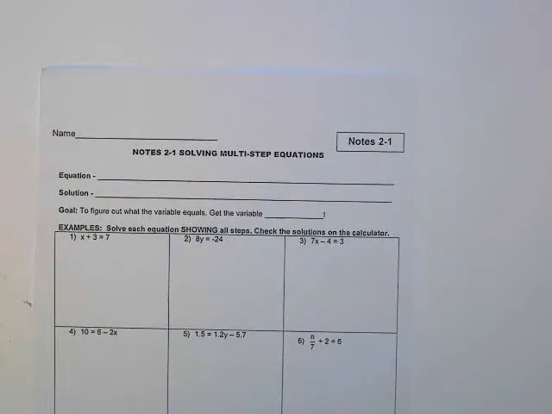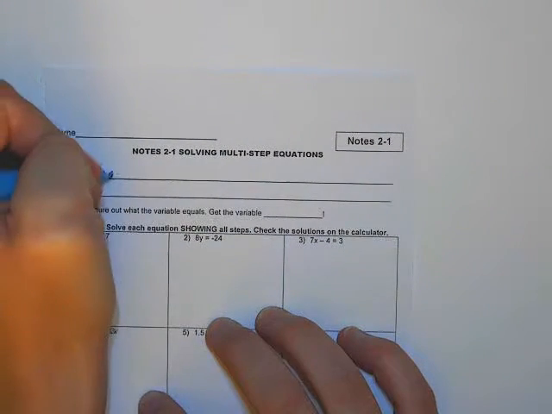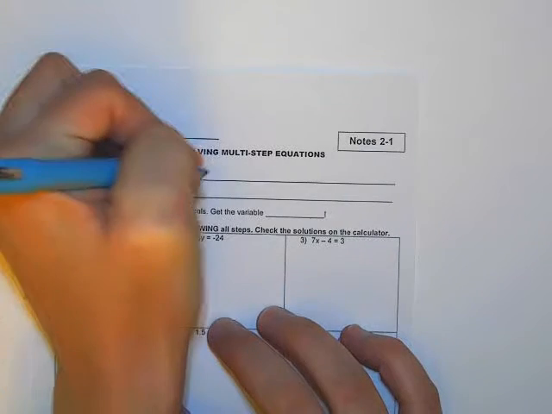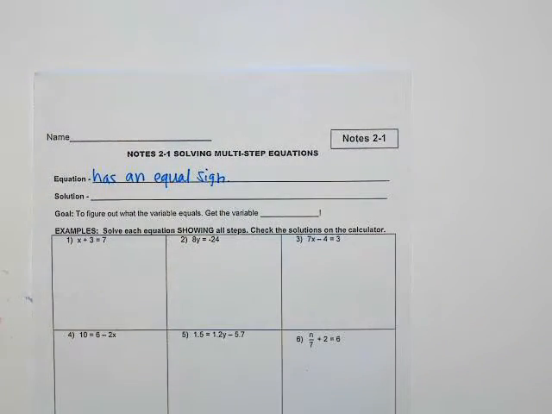So an equation, okay, an equation has an equal sign. What do we call it if it does not have an equal sign? Solution? No. Remember when we talked about expressions?